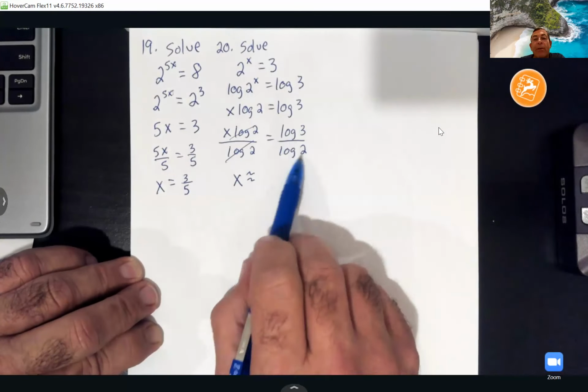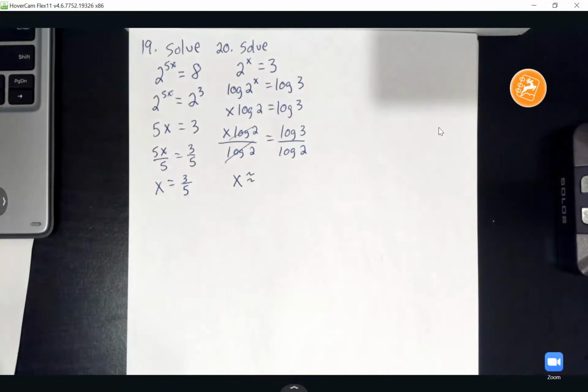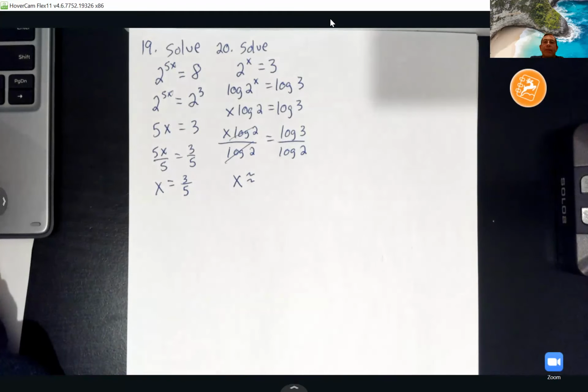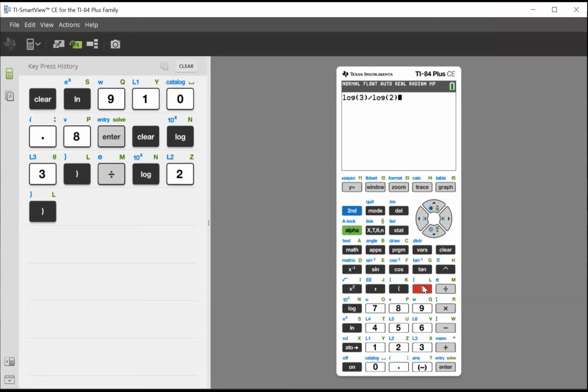Now, since we're dealing with logs, we got to estimate this to 4 decimal places. And we're going to have to punch that in on the calculator, so let's go to it. Now, remember, I had a log of 3, so log of 3, close the parentheses, and then divide that by the log of 2.